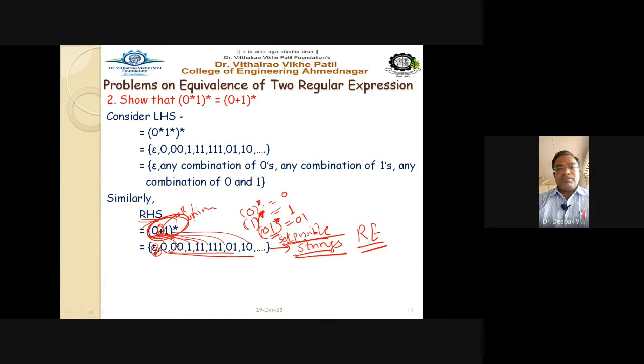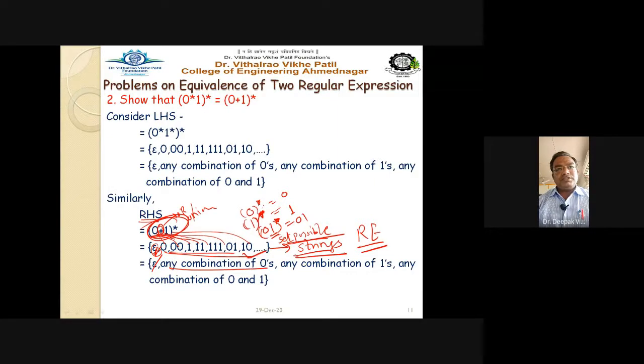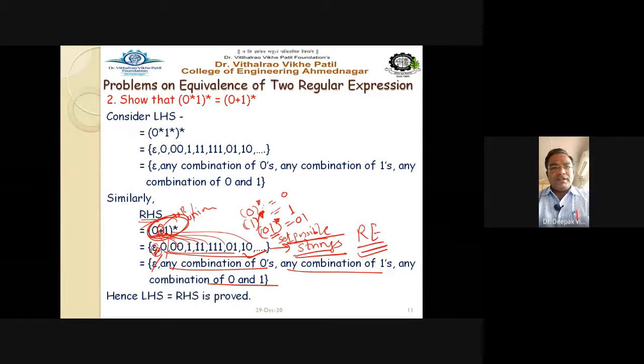So how can I describe it in English? It is epsilon, any combination of 0s, any combination of 1s, and also any combination of 0s and 1s. So I can write here: hence LHS equals RHS.